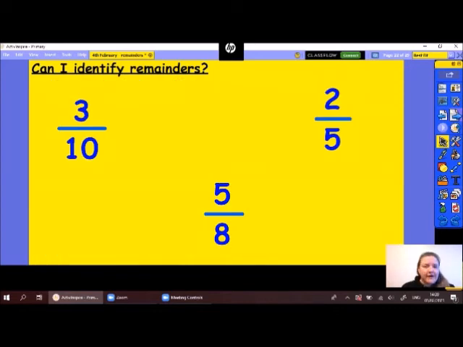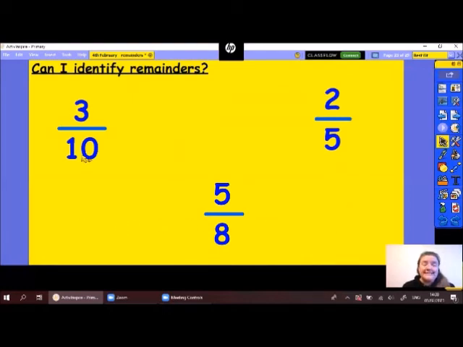So these are fractions. Very simple, I know, but we'll start at the beginning. So a fraction tells you how many pieces you have out of a whole number of pieces. So here we have 2 out of 5. So if it was a pizza, for example, you'd have the pizza cut into 5 pieces and you've got 2 of them.